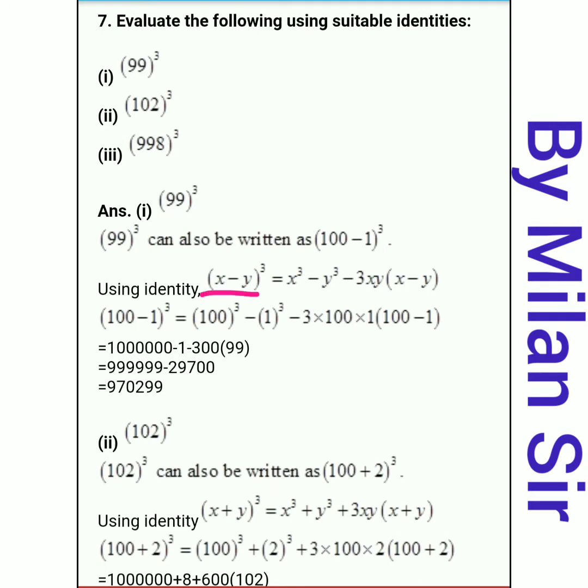So x minus y all cube is equal to first term cube minus second term cube minus 3 multiplied by first term multiplied by second term, in bracket first term minus second term.